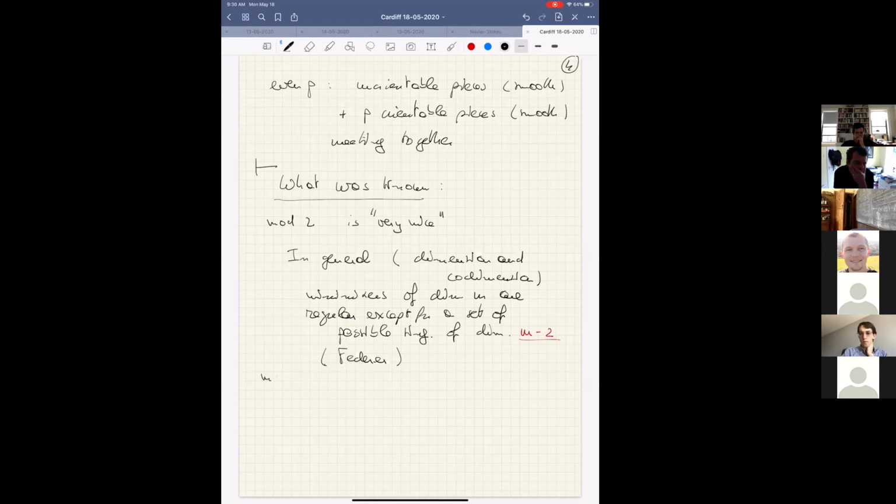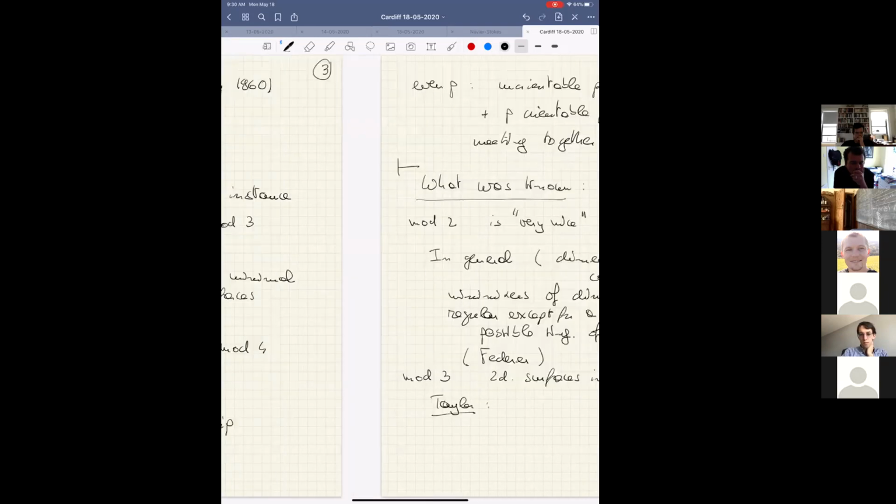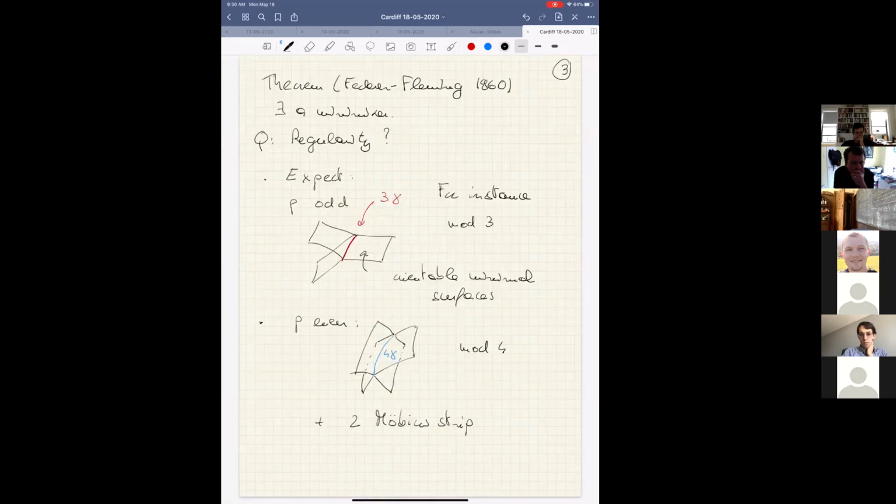For mod 3 and 2-dimensional surfaces in R3, there is a very nice result by Taylor saying that, in fact, this picture is precisely the picture over here.